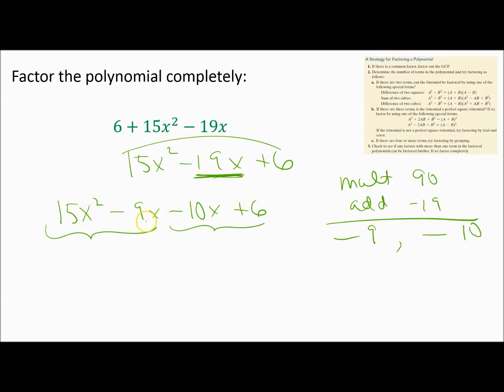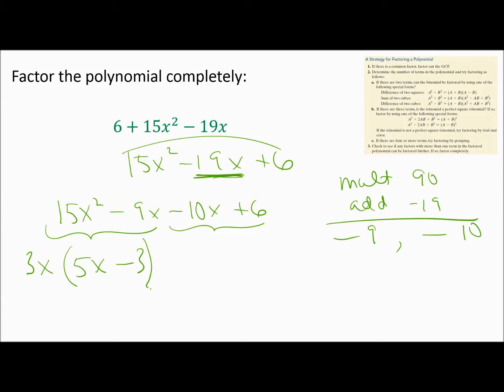So when I look at the first 2, I see that 15 and 9 are divisible by 3, and they both have an x, and an x to the first is the biggest I can pull out. So if I divide 15 by 3, I get 5, and this x and one of these x's cancel, which gives me x. Okay, 3 goes into 9. By the way, the minus comes down. 3 divides into 9 3 times, and the x's cancel when you divide.